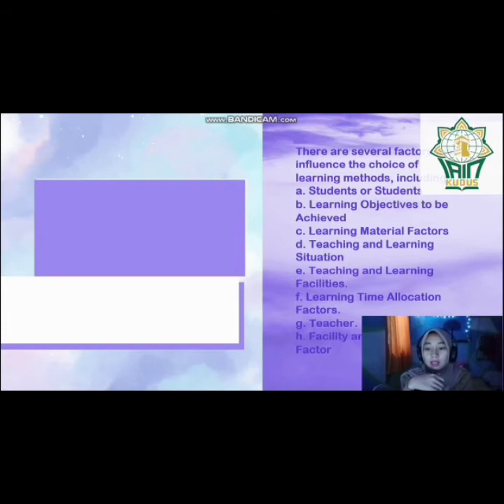D. Teaching and learning situation. E. Teaching and learning facilities. F. Learning time allocation factor. G. Teacher. H. Facility and infrastructure factor. The next material will be delivered by Leidy.